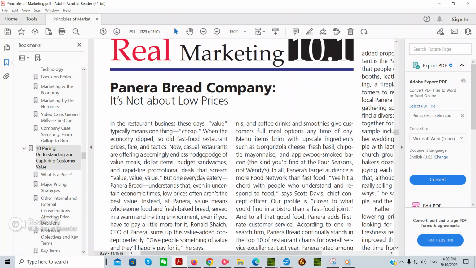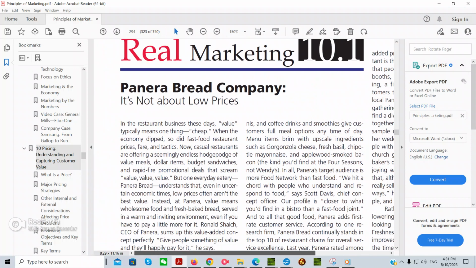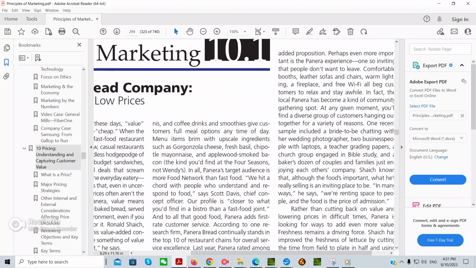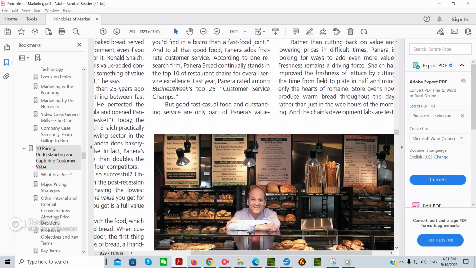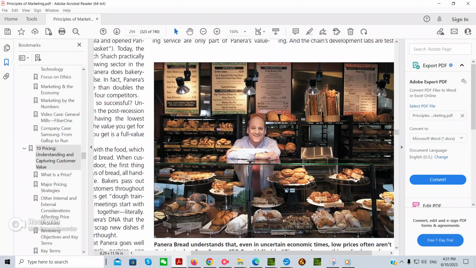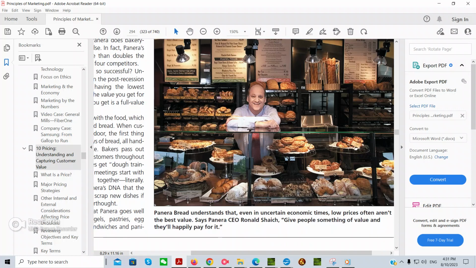Now, we have a case example about Panera Bread. They're pretty much a high-end sit-down restaurant, and prices are higher, but the quality is higher. Supposedly. It almost feels like some sort of gourmet restaurant, but not like fine dining. More of a fast food style, bakery style.